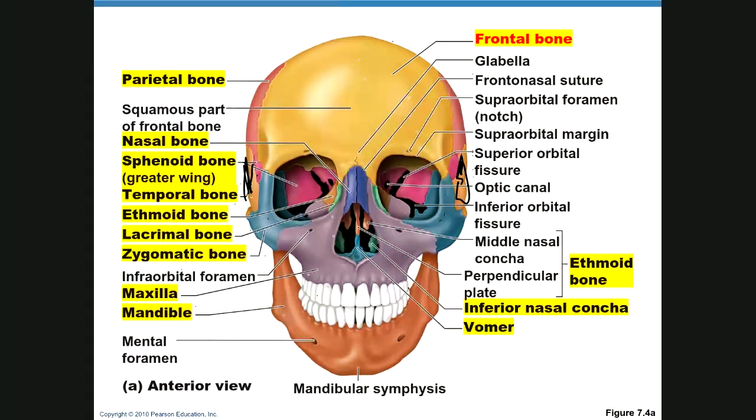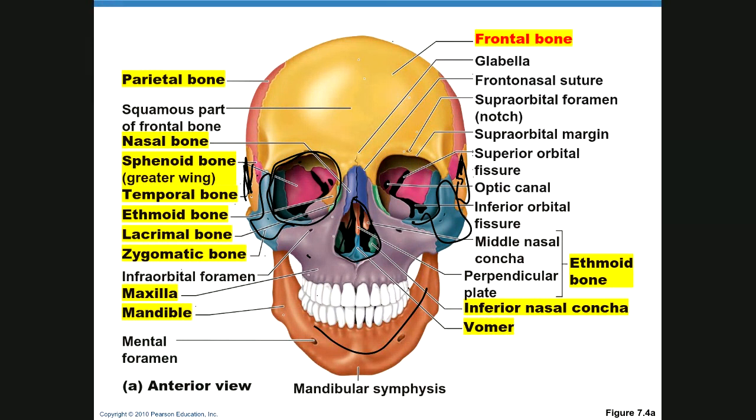These blue-greenish bones are going to be the zygomatic or cheekbones. There's your nasal bones up here. The purple one is the maxilla or upper jaw. We're going to go over the bones that make up the orbit of the eye here in just a second. Mandible, you can see it down here. We're also going to go over the bones that we will find in the nasal cavity.